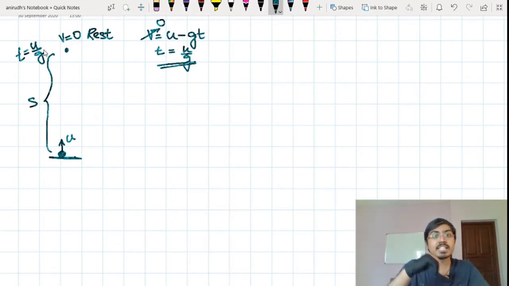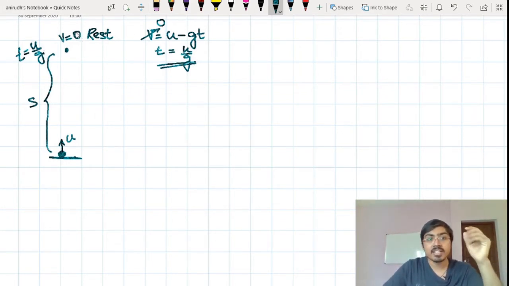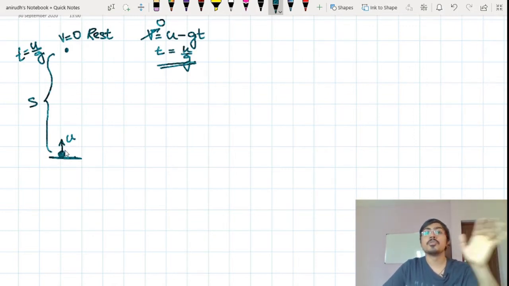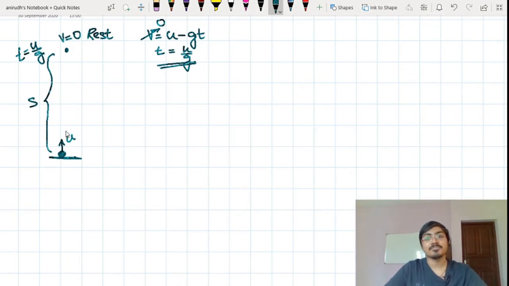If I am rewinding it, what will you see? The initial velocity is 0, and as it comes down the velocity increases, and when it reaches here the velocity will become u itself.